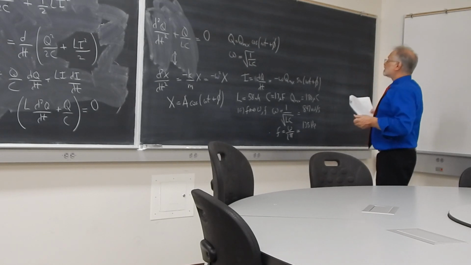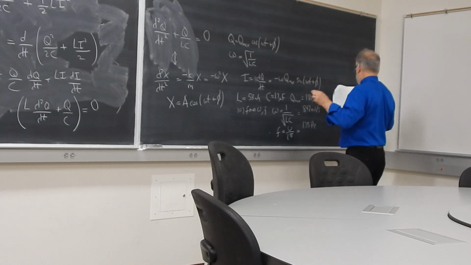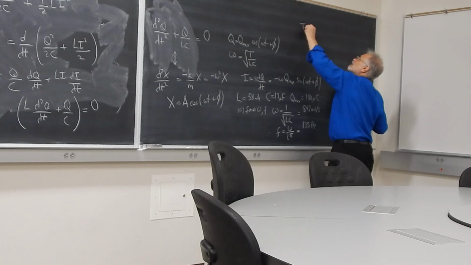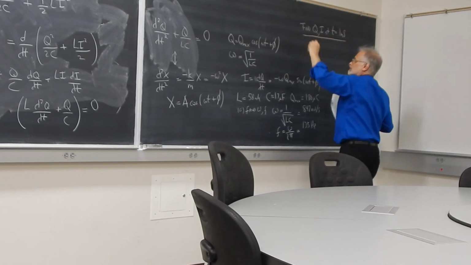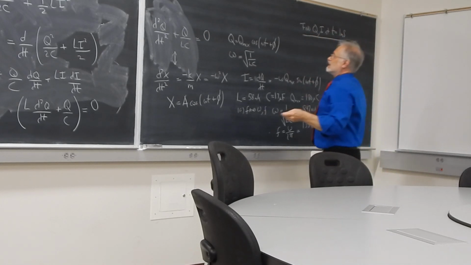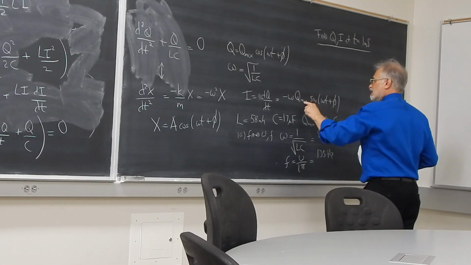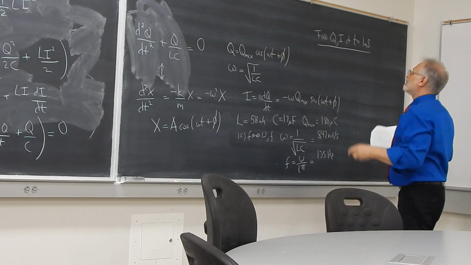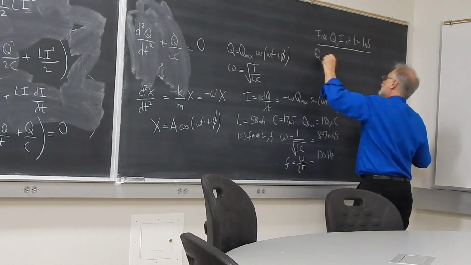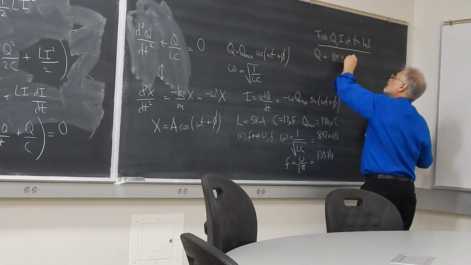Suppose I want to find the charge on the capacitor and the current in the circuit at some time, let's say t equals 1 millisecond. All I would do is plug into the charge equation, and then plug into the current equation, 1 millisecond in for t, and then I would find that my charge at 1 millisecond is equal to 119.2 microcoulombs.